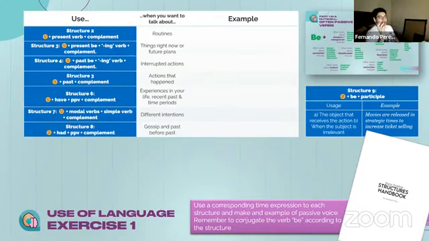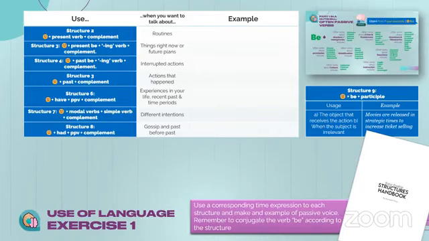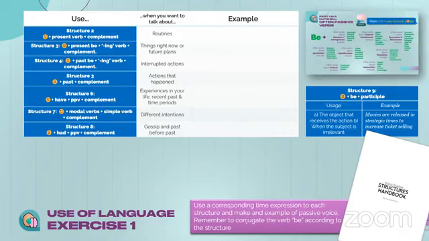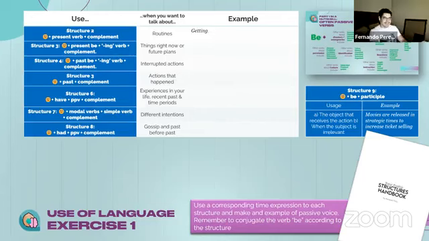Almost. You are very close. When you have a verb at the beginning of the sentence, you need to use the gerund. Getting. Exactly. Getting in or getting into?